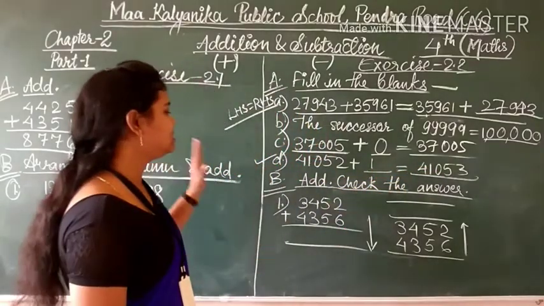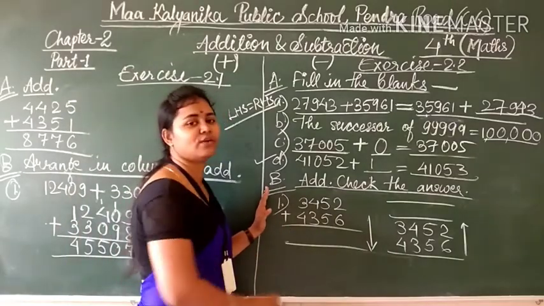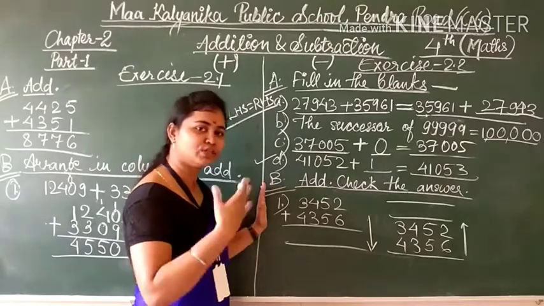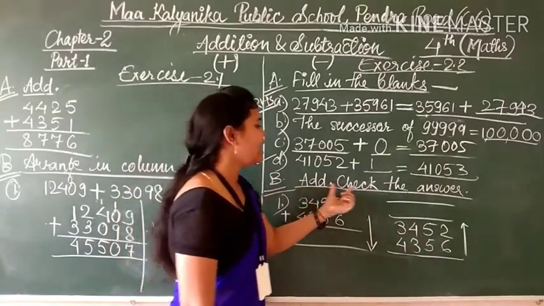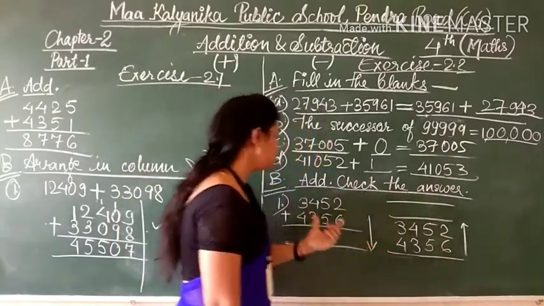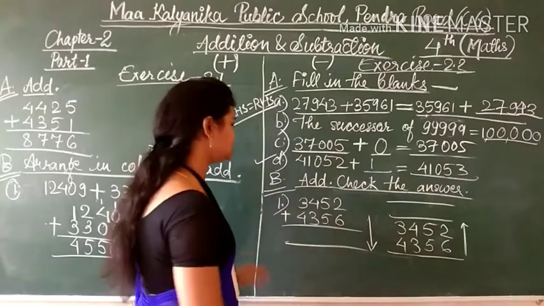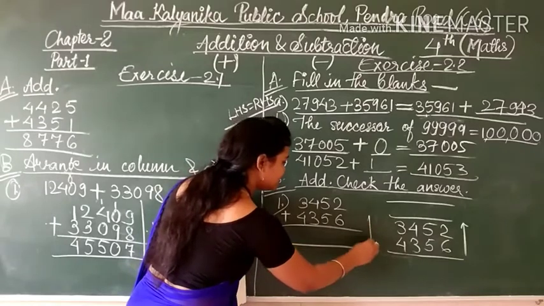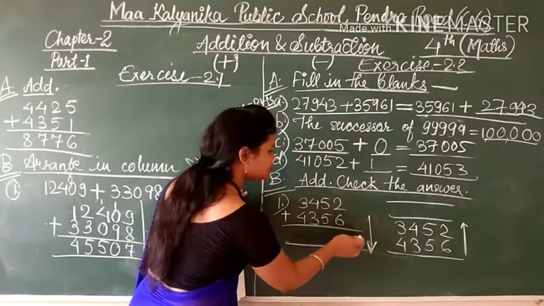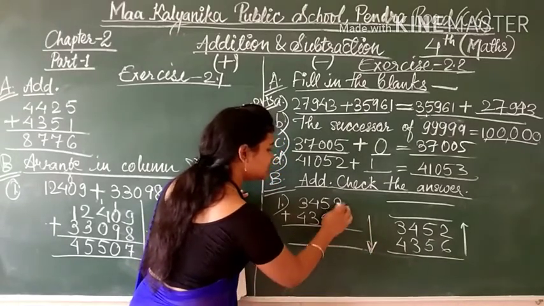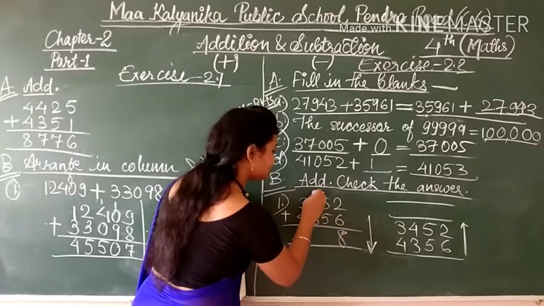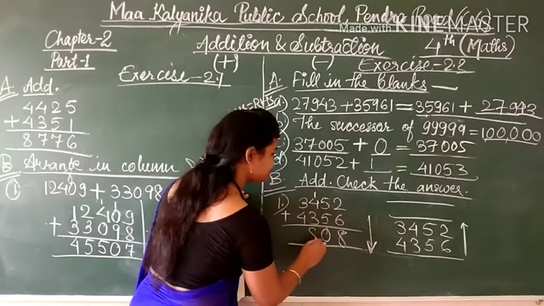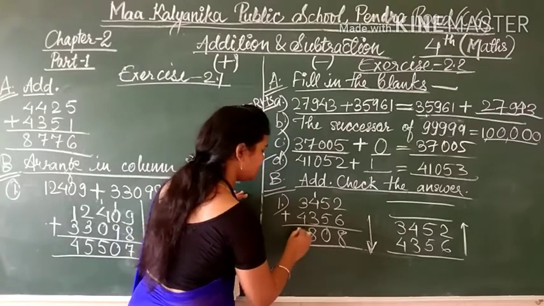Now students, the last question of this video. After that, questions C and D we will solve in the next video. Okay, add, check the answer. First you have to add and then check the answer. So simply this arrow means these two you have to add and the answer will be here. 6 plus 2 is 8, 5 plus 5 is 10, 1 0, 4 plus 1, 5 plus 3, 8, 4 plus 3, 7.